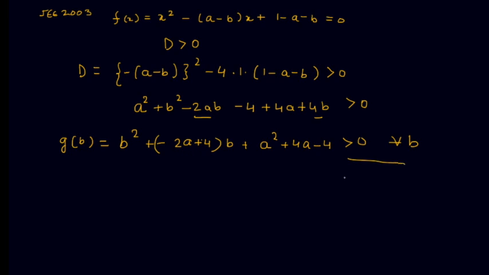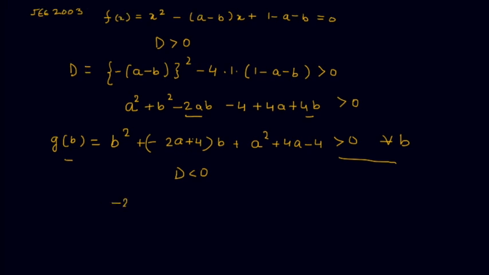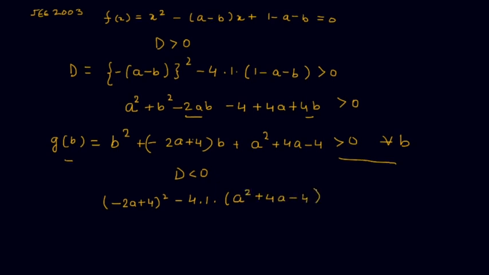In such cases, we know that the discriminant of this quadratic equation will be less than 0. So the discriminant of this quadratic equation is given by minus 4 times 1 dot the constant term, and this should be less than 0.